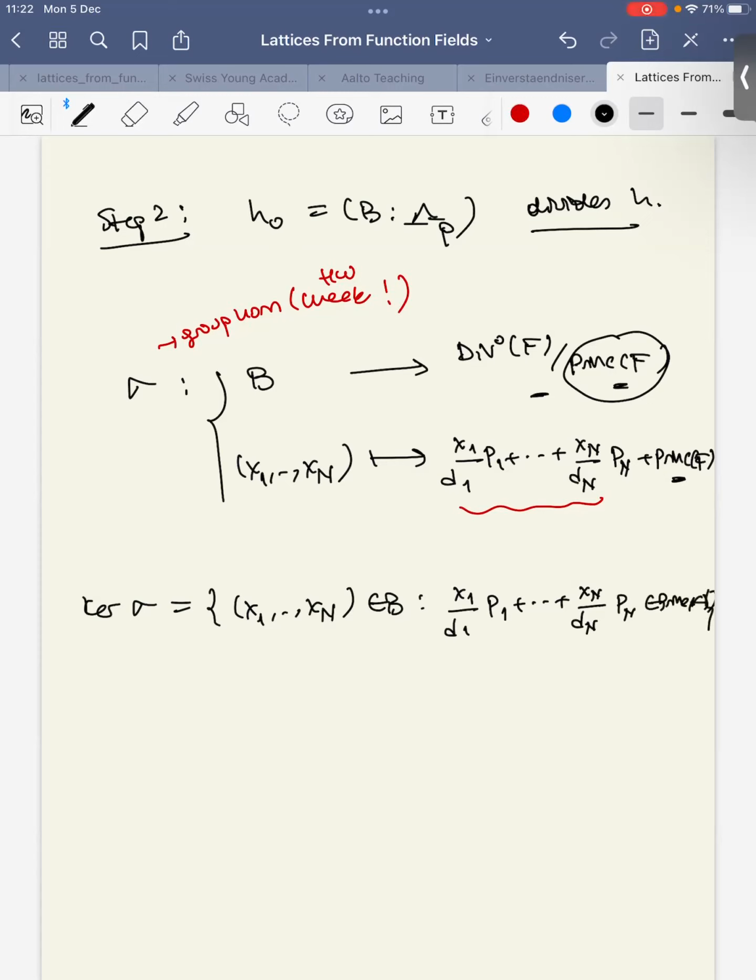If this is the principal divisor, there should be a non-zero function. Indeed, this function is in OP star, because it has its support in the fixed set of places, the n-tuples of pi's.